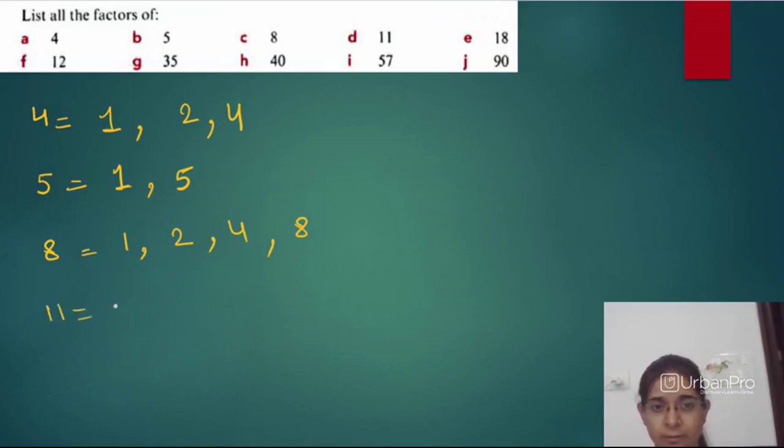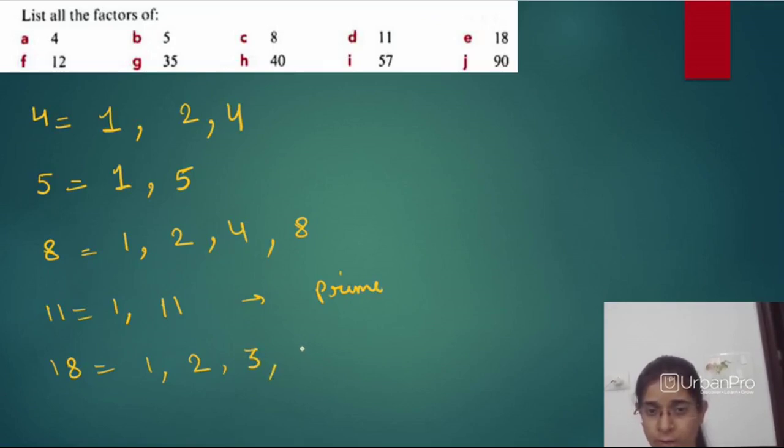And then we have 11. For that we have 1 and 11. Of course that is a prime number, which is only divisible by 1 and the number itself. For 18, of course, 18 can be divided by 1, by 2 completely, 3 completely, 4 no, 5 no, 6 completely, 7 no, 8 no, then 9 completely, and then 18. Likewise 12 we just did.